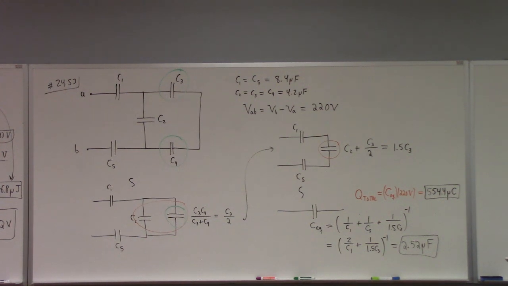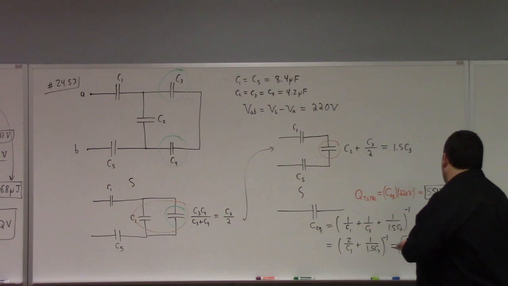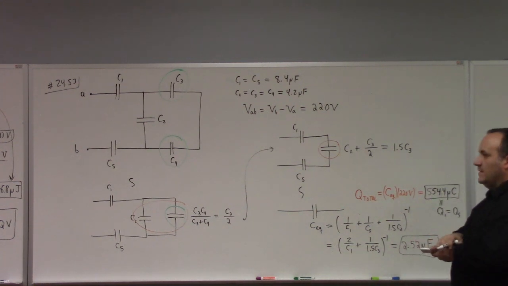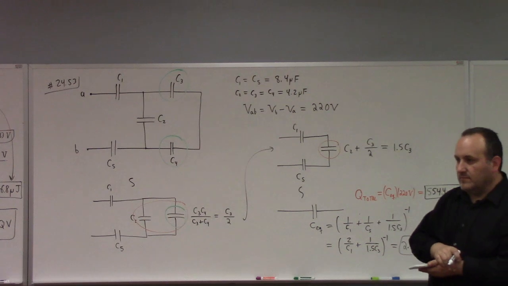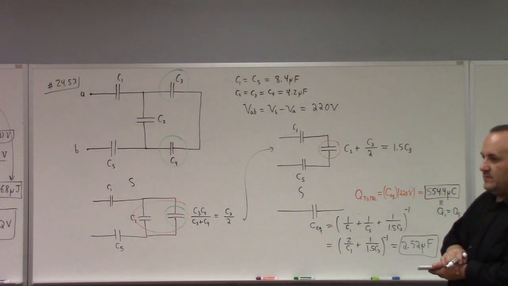Wait, total charge? Yeah. Now this is also going to be equal to Q1, and that will be equal to Q5, right? Is that what the book says as well?